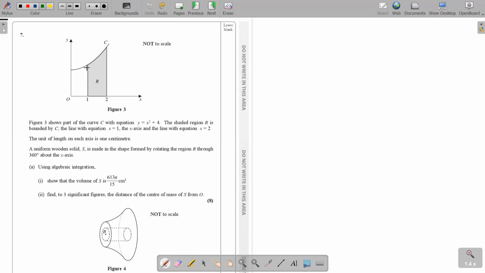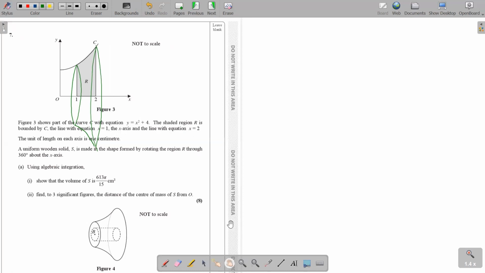The two ends will give the two circular faces. I'm just drawing to give you an idea. So you get a solid shape like this. Using algebraic integration, show that the volume of S is 613 pi over 15.